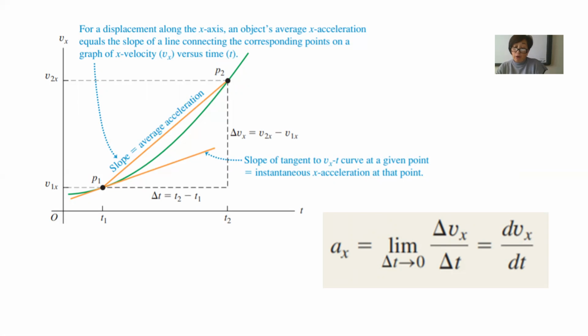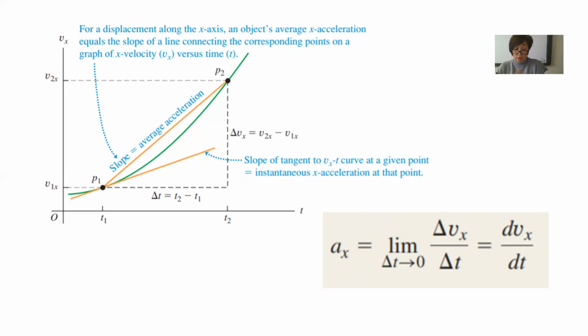Now, the first characteristic is velocity, and the second characteristic is acceleration. Velocity will be average velocity and instantaneous velocity. Acceleration, the second characteristic, will be average acceleration and instantaneous acceleration.